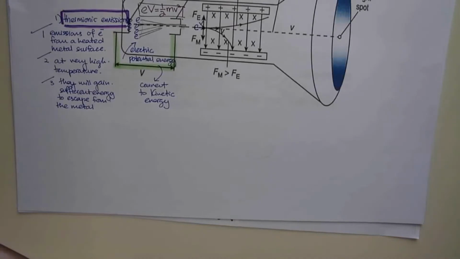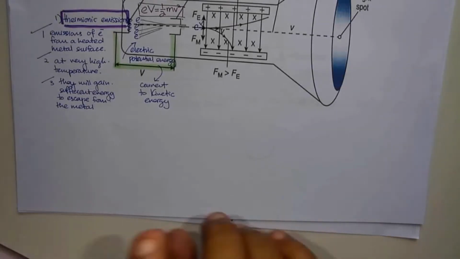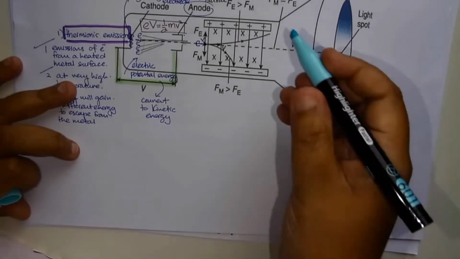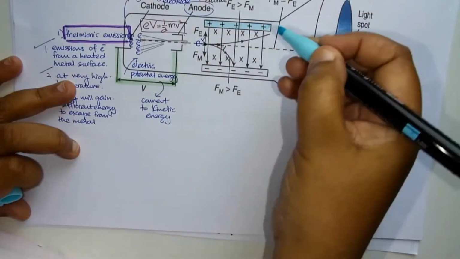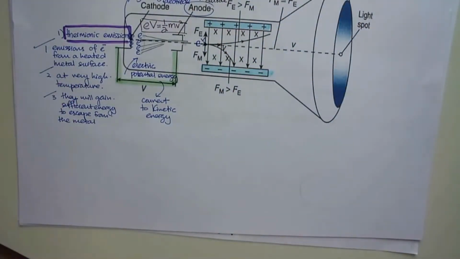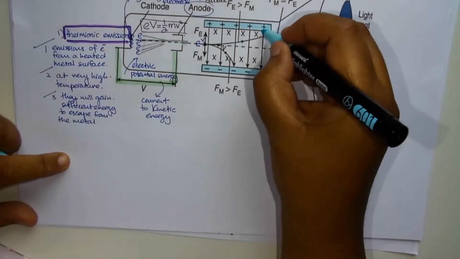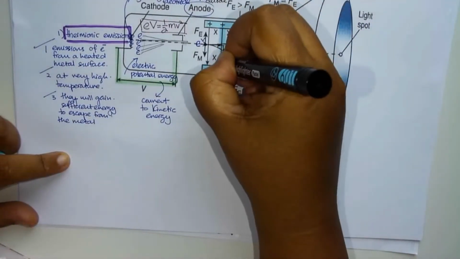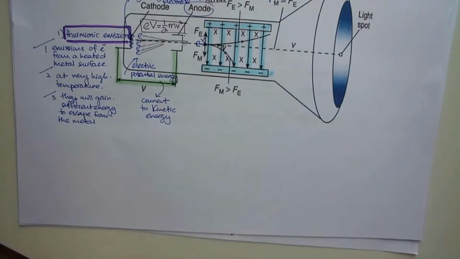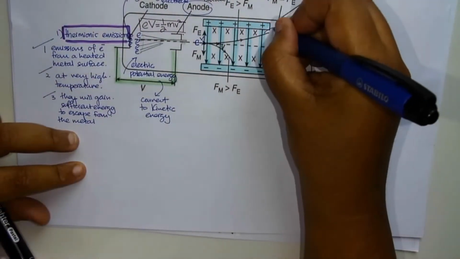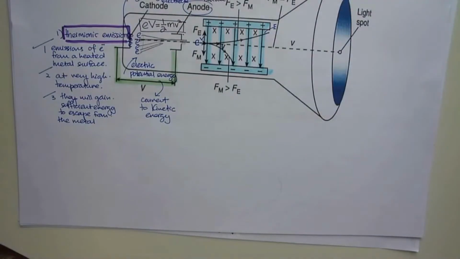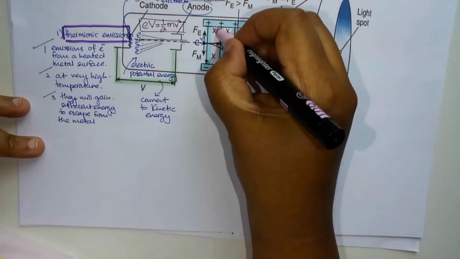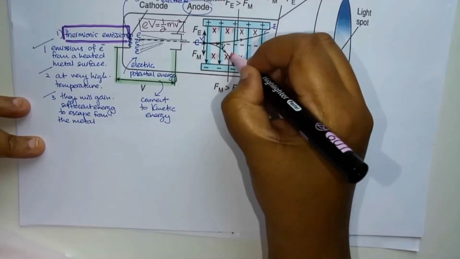Now what is in the second component is, we have an electric field. This is the positive, this is the negative. We have an electric field, so this is the direction of the E. And then we also have a magnetic field.